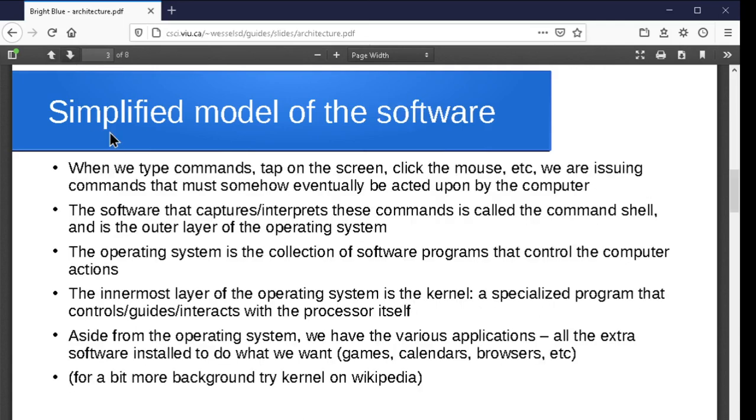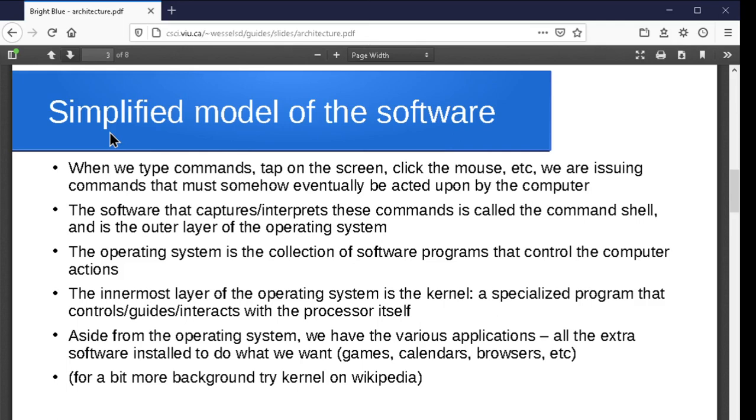So in terms of what's happening with the software and the commands that we're writing, if we're interacting through touching things, tapping the screen, clicking on something, typing in instructions, essentially we're issuing commands that we want the computer to act upon. So something has to interpret those commands, figure out what it is we want, and make sure that the appropriate actions are carried out.